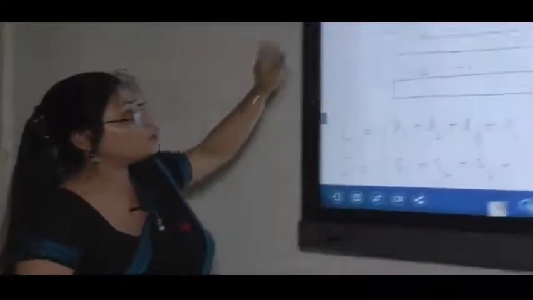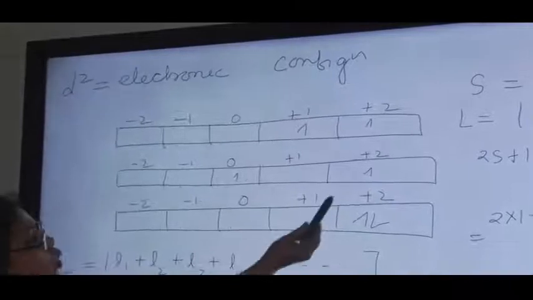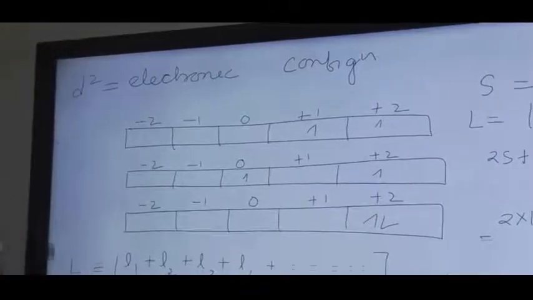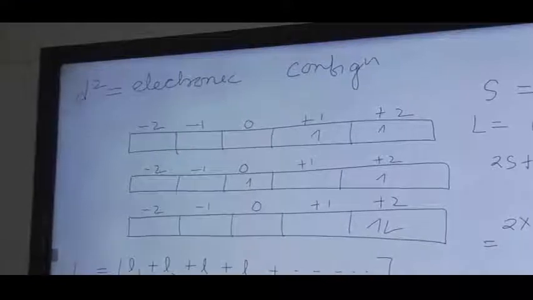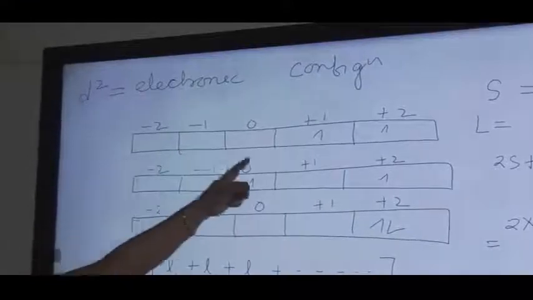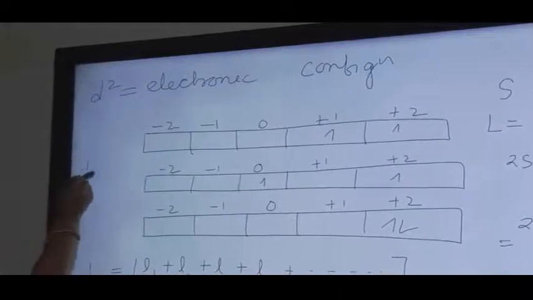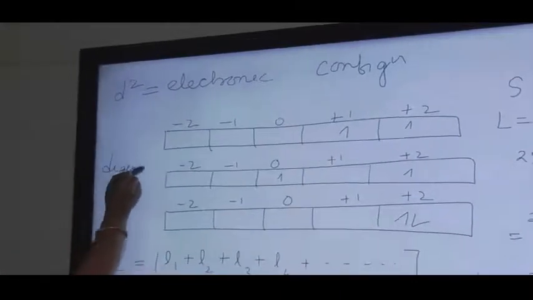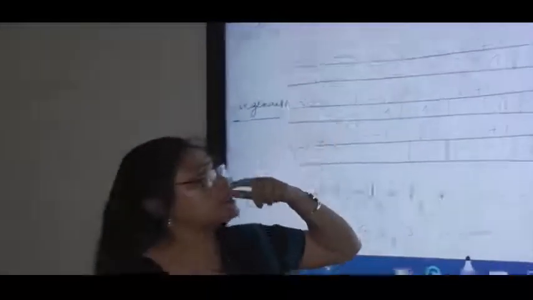Now see, the d electrons can occupy these two orbitals, or these two orbitals, or these two orbitals. These are different orientations, and all these orbitals are degenerate. That means they are of equal energy, though their orientations are different.